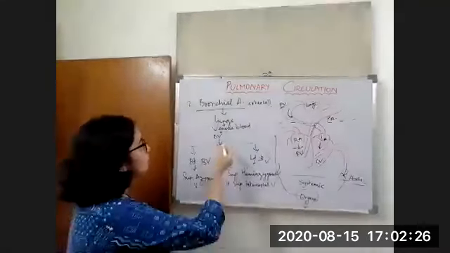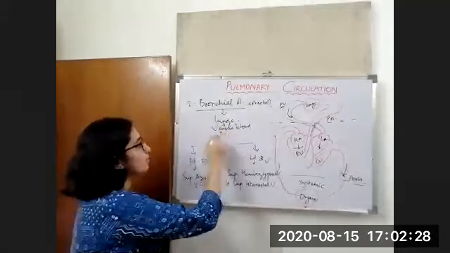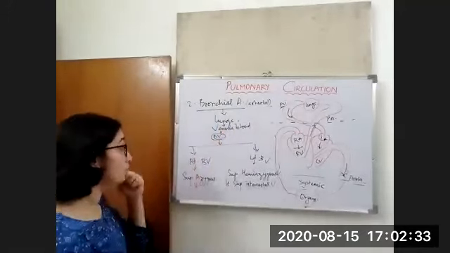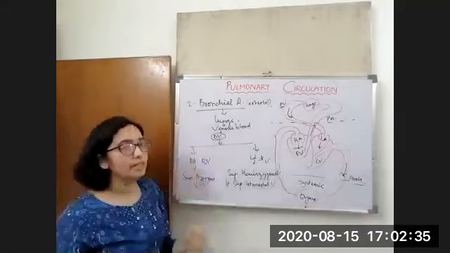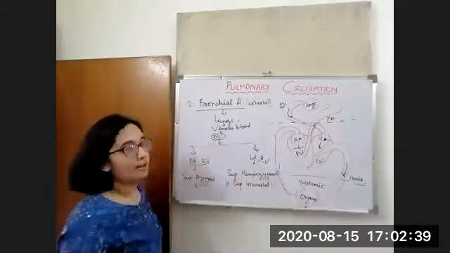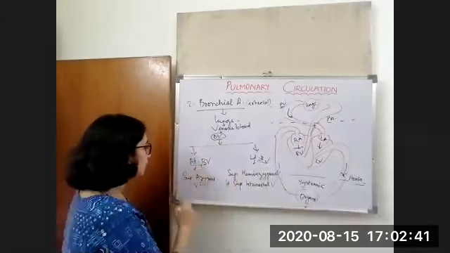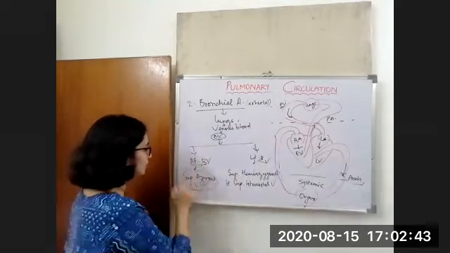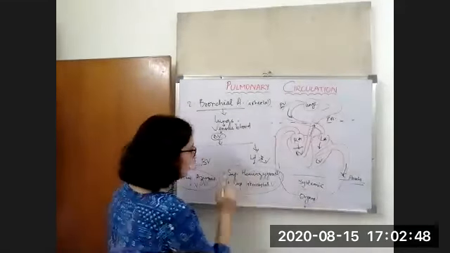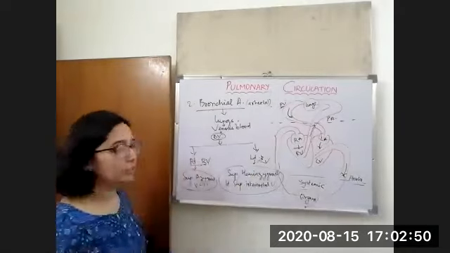So from the lungs, the venous blood goes to the bronchial vein. The bronchial vein divides into two branches, right and left. The right bronchial vein goes to the superior azygous vein, and the left bronchial vein goes to the superior hemiazygous vein or left superior intercostal vein.